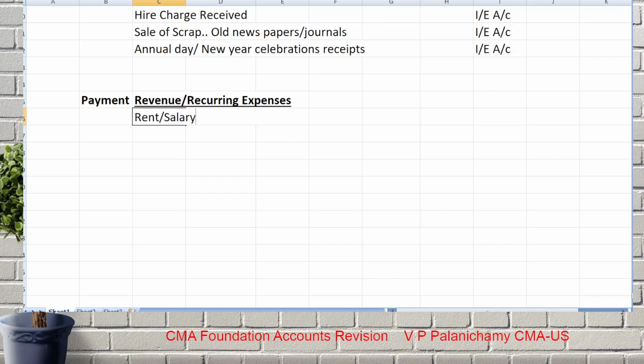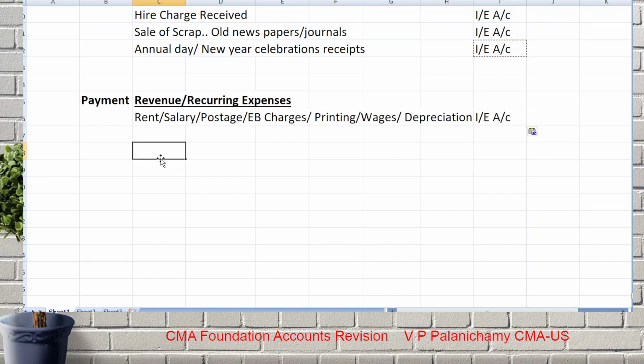Rent, salary, postage, electricity charges, printing, wages, and depreciation. All these are recorded in the income and expenditure account.